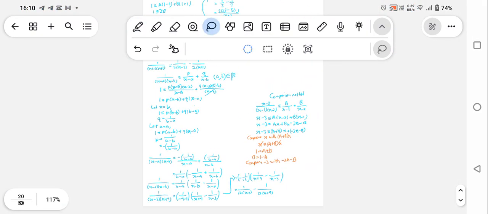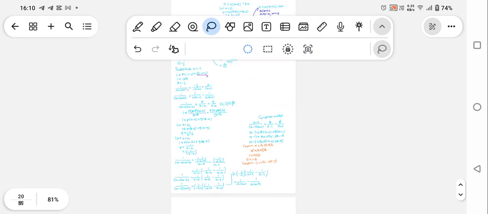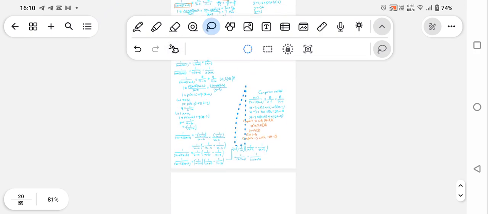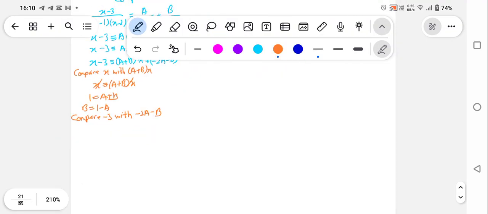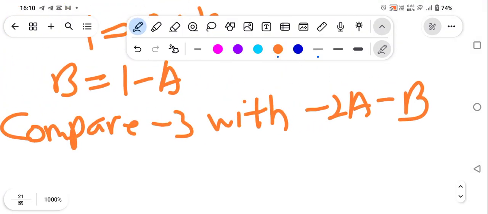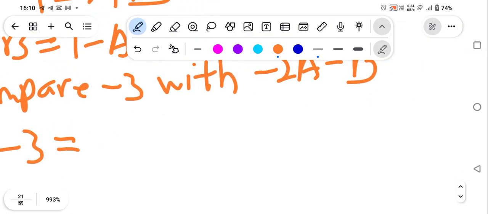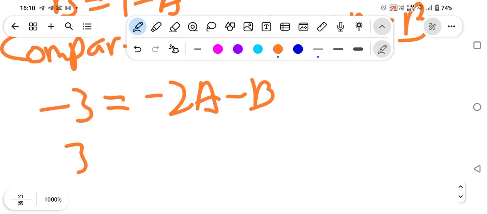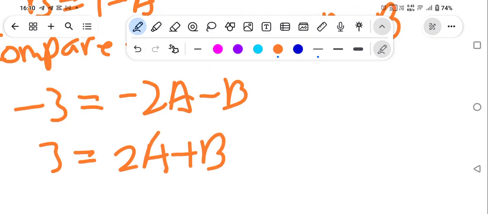Right, I'm going to move this to a new slide. So -3 equals -2a minus b. The first thing I'm going to do is cancel the negative because it's very annoying to write. So 3 equals 2a plus b.